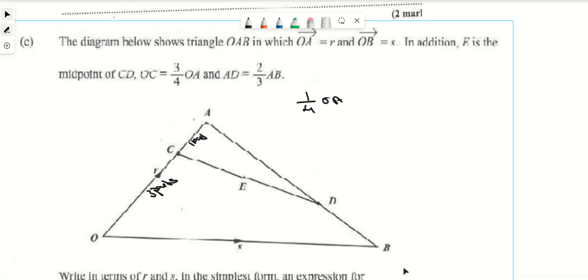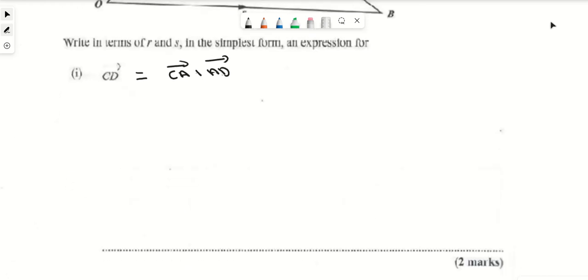So CA is equal to a quarter of OA, which is equal to a quarter of R, because OA is equal to R. So this is a quarter R.